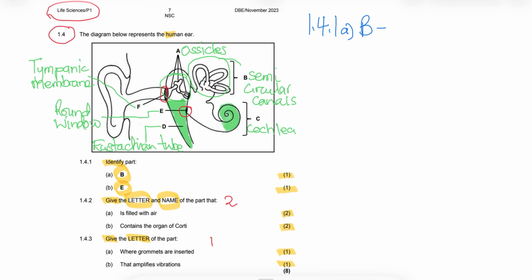We see that part B is representing the semicircular canal. The examiner wants you to provide the name, right? So it's semicircular canals.